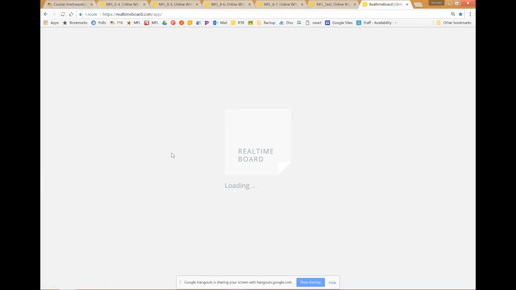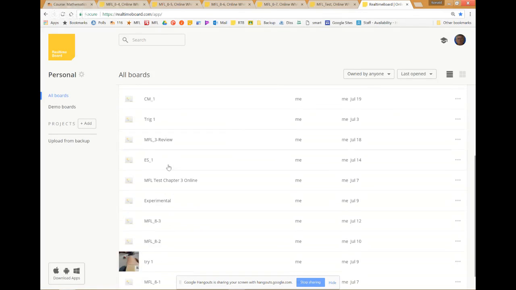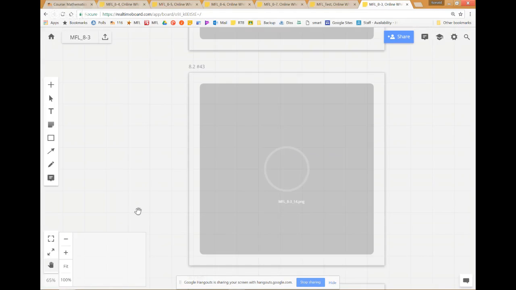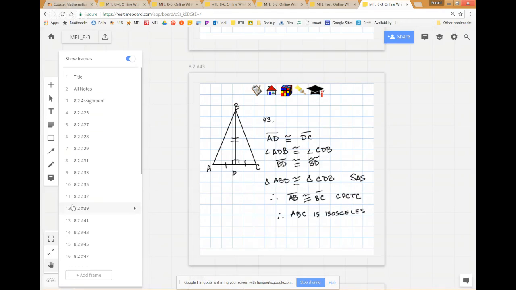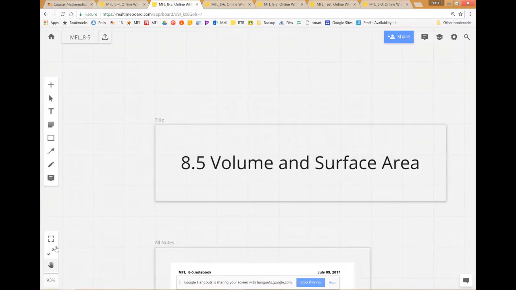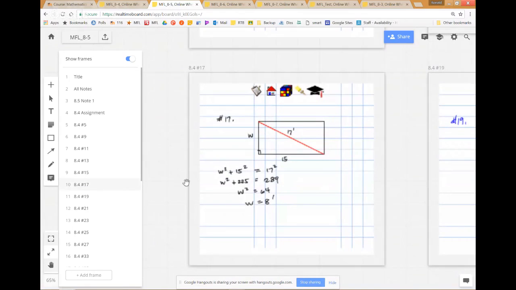Let's go get 8.3. All right, 17 or 19? Oh, I'm sorry. I'm looking in the wrong place. I should be looking right here in 8.5. 8.4, 17 or 19? Sorry, a little bit out of kilter here.